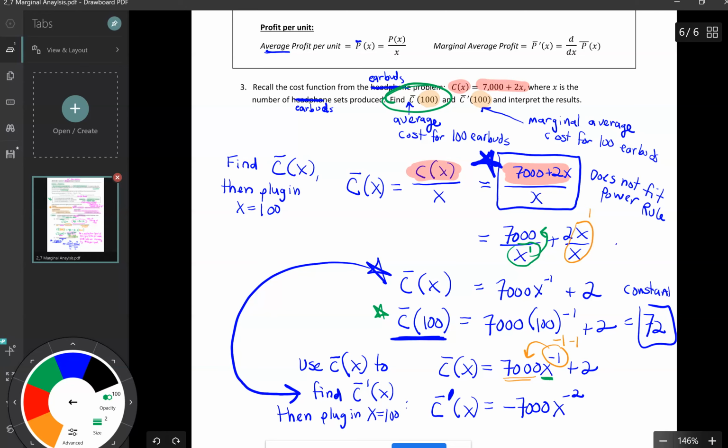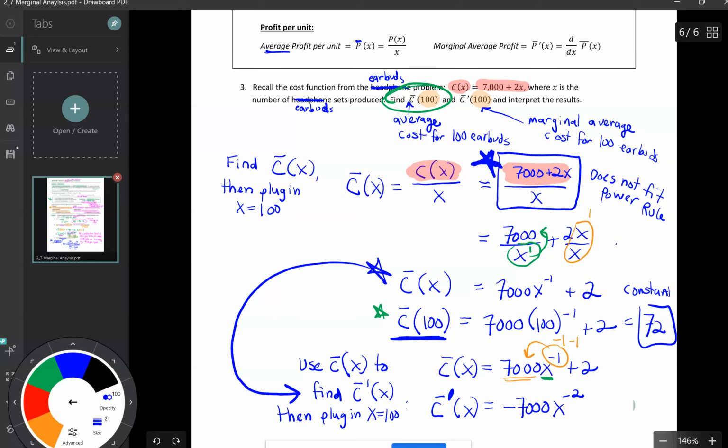So the derivative of a plain x is just 1. And if we multiply by 1, it's not doing anything, but we're planting the seed now. Okay, so here we go. And then, 2 is a constant, so the derivative of a constant is 0, but we don't have to write that. Okay, so there's our average, marginal average formula.